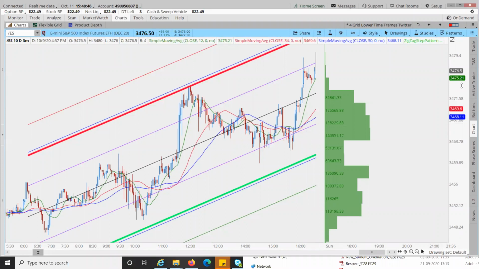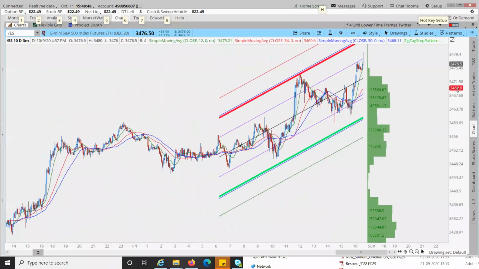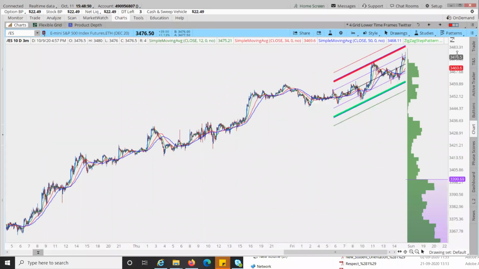So let me just scroll. And look at the volumes. For the last couple of days, I was saying that the price action was really, really bad. Look at the volume here as compared to the volume here. The volume is pretty low on Friday.